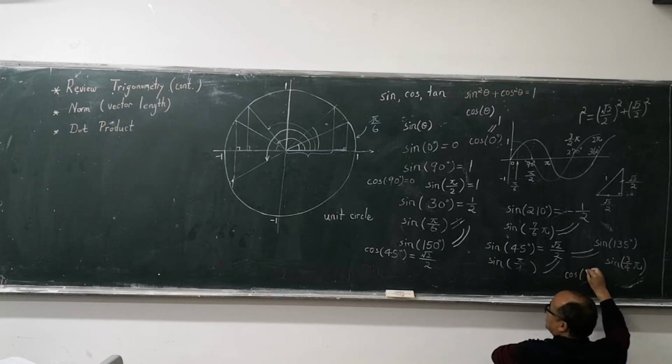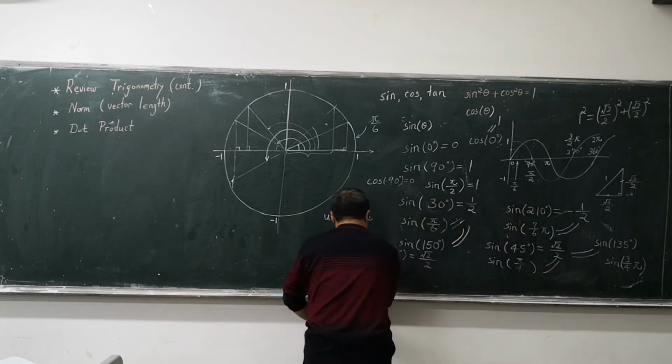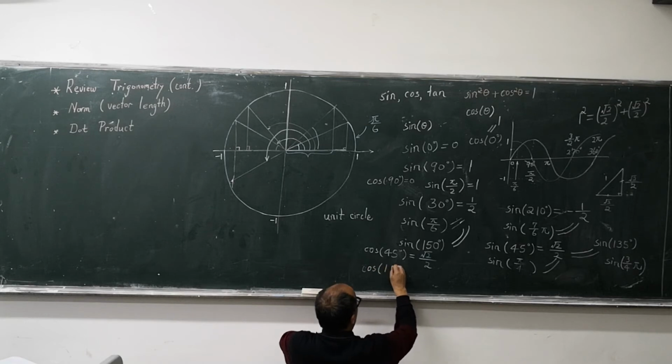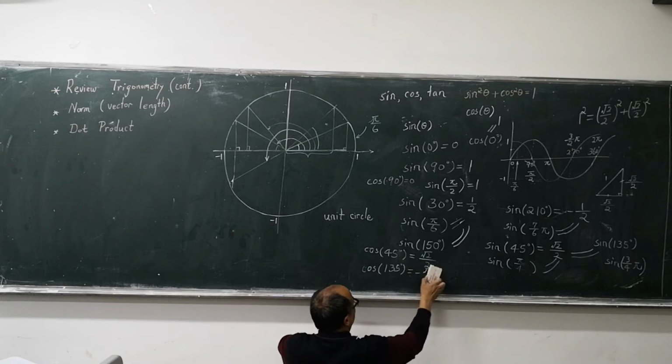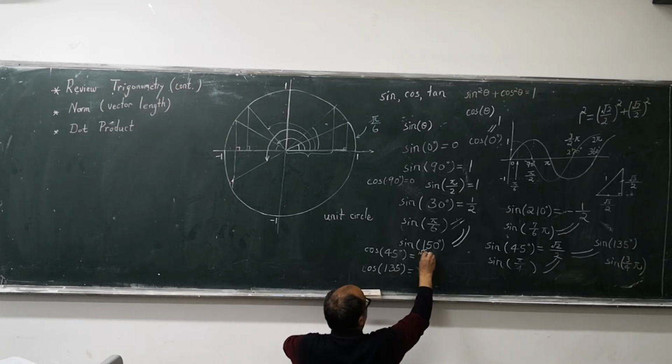Cosine 135 degrees, maybe I should write it here. 135 degrees is negative. I'll rewrite both better. So this is a positive square root 2 over 2. Here is a negative square root 2 over 2.